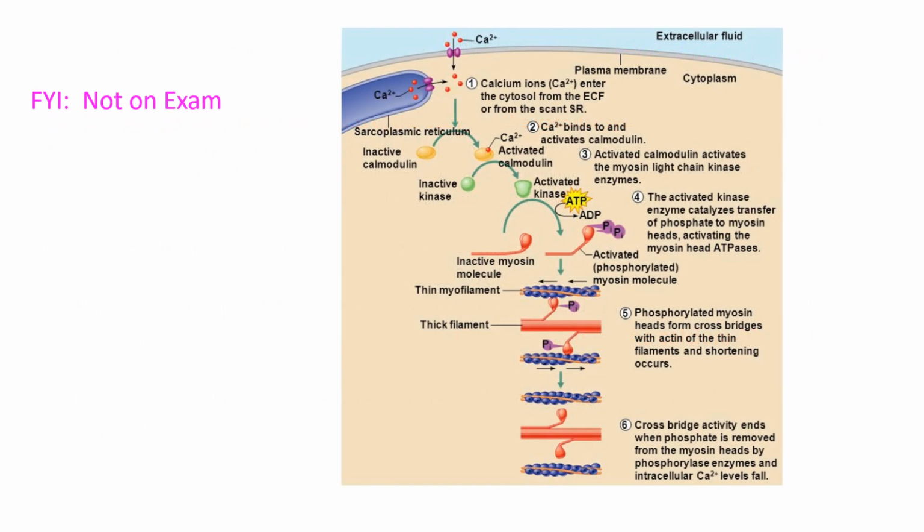And again, not on the exam, but you still use calcium. Okay, you're still using calcium, but instead of troponin, it's calmodulin. And calmodulin activates a kinase. A kinase is a type of enzyme that phosphorylates a target.